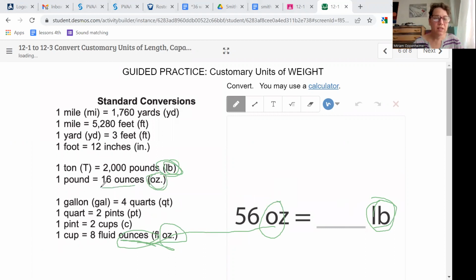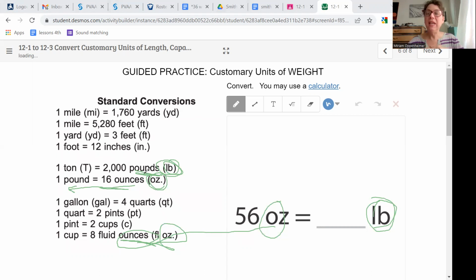Okay, so 16 OZ is 1 LB. Pound is LB. Confusing, right? But you need to know this. You're going to use this again and again and again in your future. We use this all the time. We go shopping, we buy things, we have to calculate things.